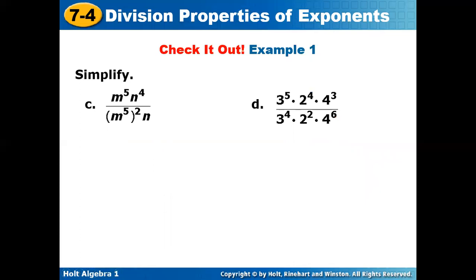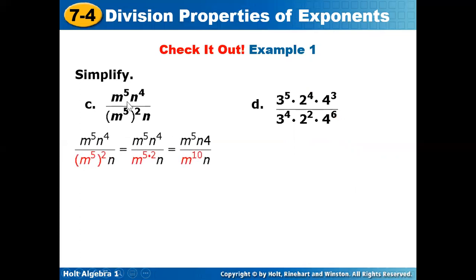Try these on your own and then come back for the solution. All right, here we go. You have your parentheses first, right? And when you have this whole term to the 2nd power, means you multiply. So you get 5 times 2, so you get m to the 10th times n.